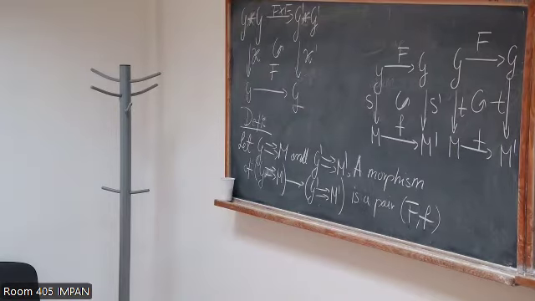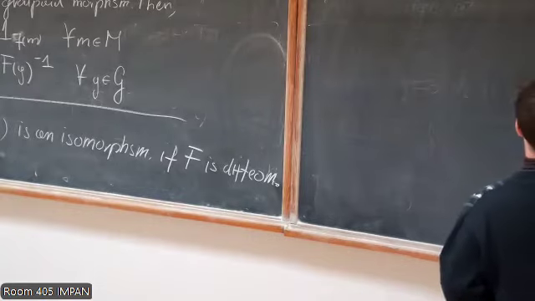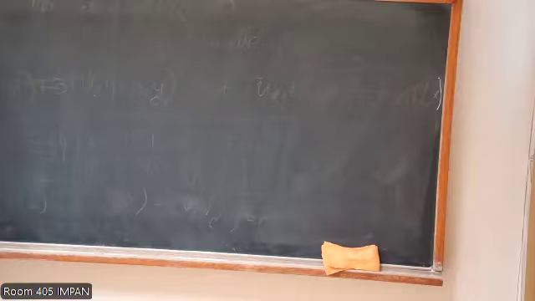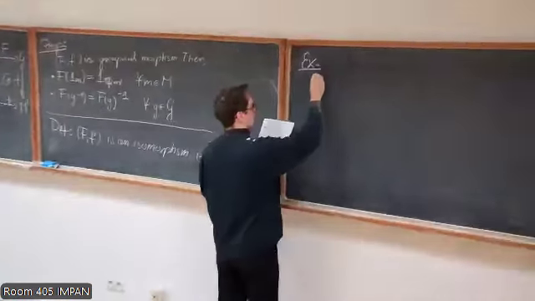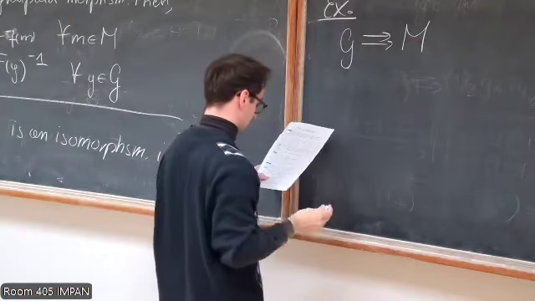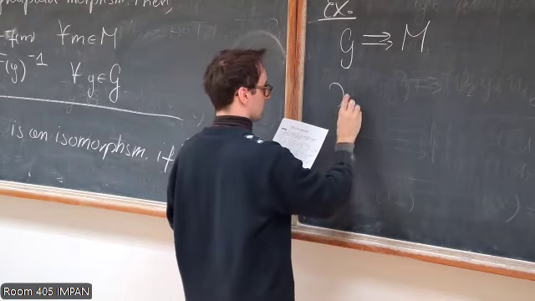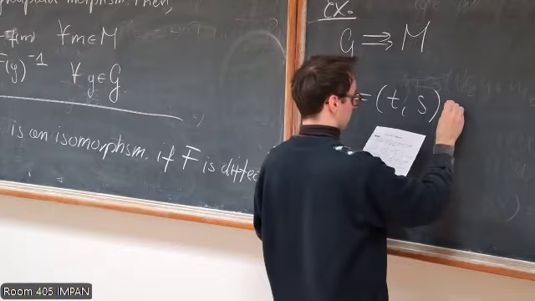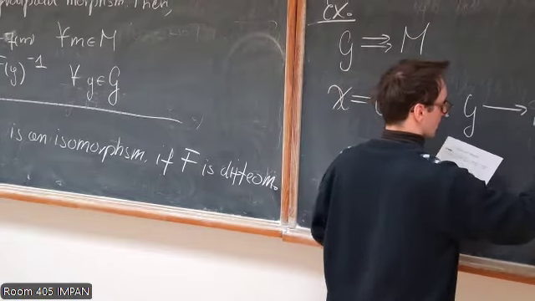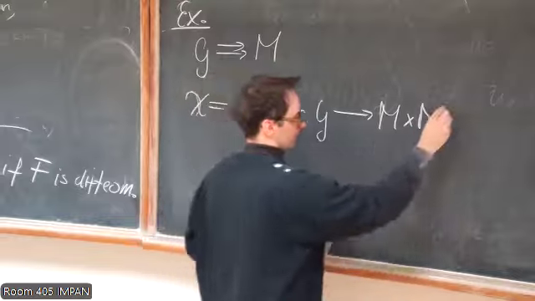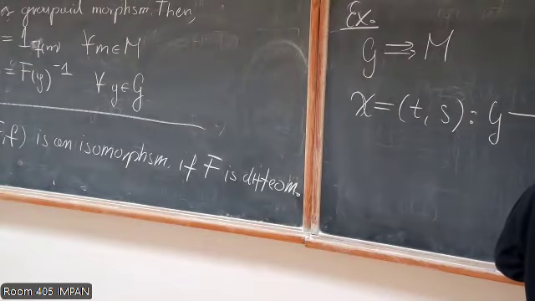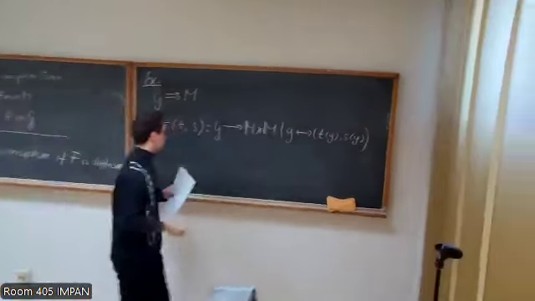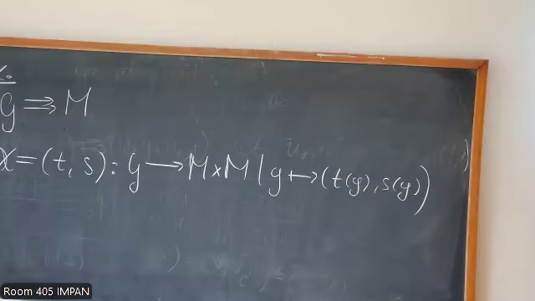Okay, so let me show you some examples. For the groupoid maps, the target and source from G times G is a groupoid, there is a groupoid morphism between this groupoid and the pair groupoid.